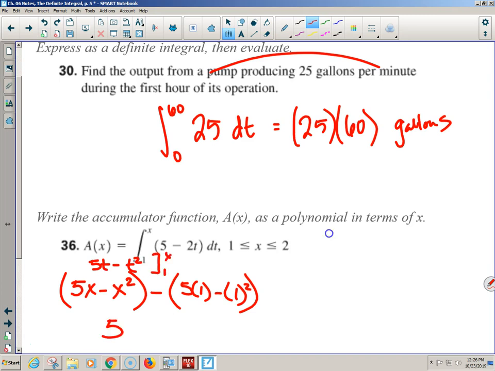But this would be a polynomial, more specifically what, minus 4? It'd be 5t minus t squared, plugging in x and plugging in 1, right? 5 minus 1 is 4.